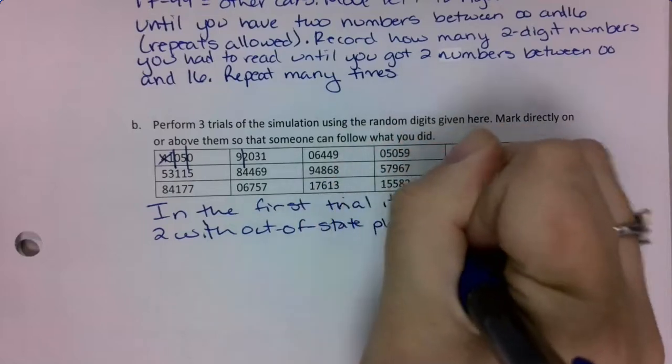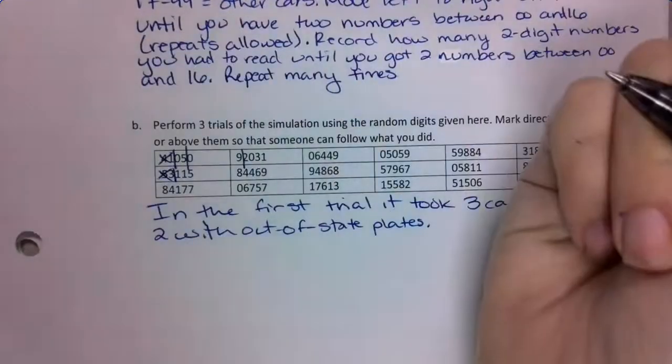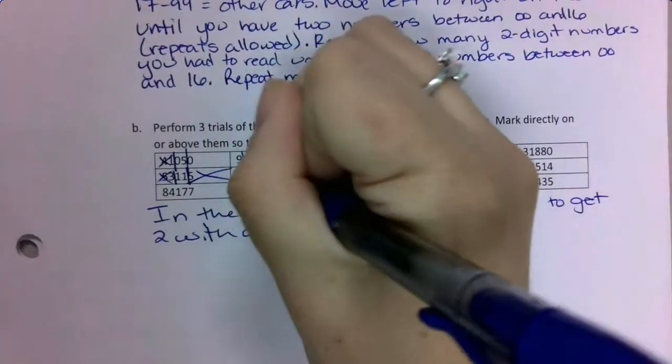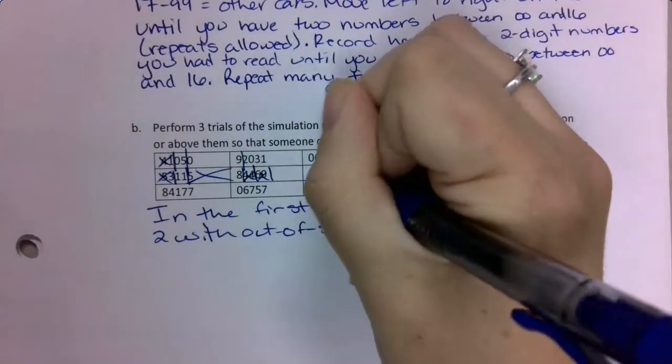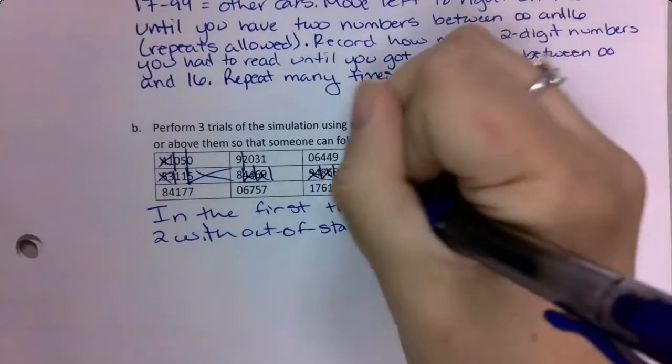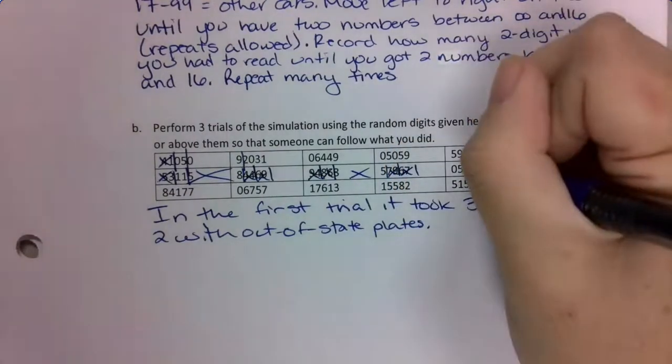And I'm going to do it again for the second trial. So 51, not between 0 and 16. 11, between. 58, not. 44, not. 69, not. 94, not. 86, not. 85, not. 79, not. 67, not. 5, yes.